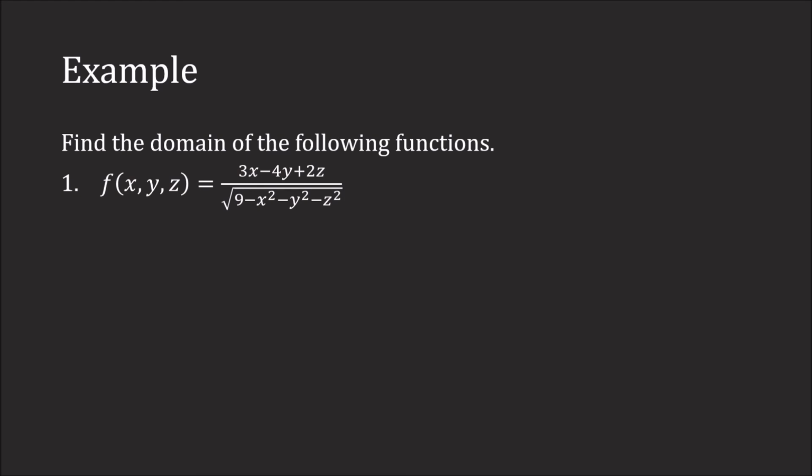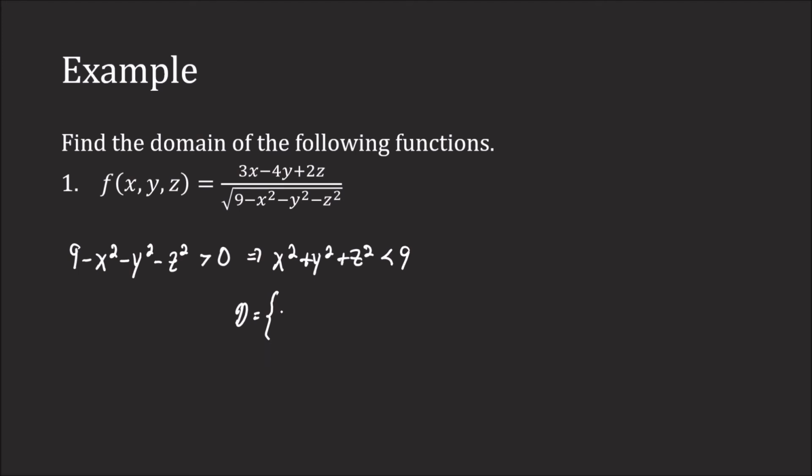Now, not only do we have a denominator, which means the denominator can't be 0, but we also have an even radical root. So this would mean that 9 minus x squared minus y squared minus z squared has to be strictly larger than 0, which would mean that x squared plus y squared plus z squared has to be strictly less than 9.